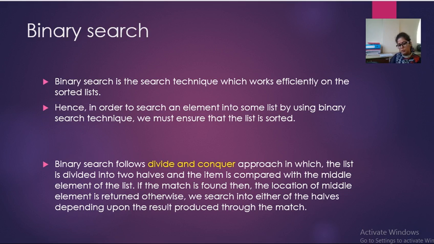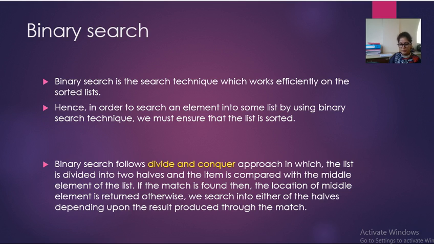Then you move to the right portion of the list, and you repeat the process. So that is binary search. See students, binary search has reduced the list to half, and it has saved a lot of time.